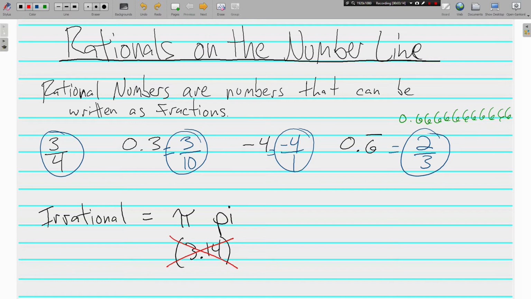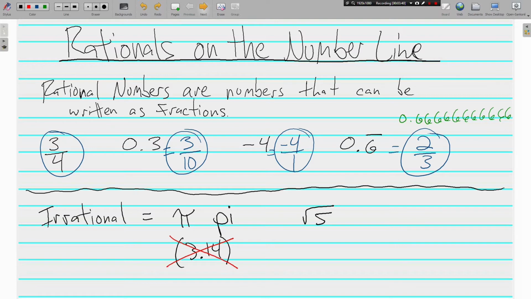There is no pattern. Another example of an irrational number would be the square root of 5. The square root of any non-perfect square is also irrational. We're not talking so much about irrationals right now. We're focusing more on the rational numbers, things that can be written as fractions.